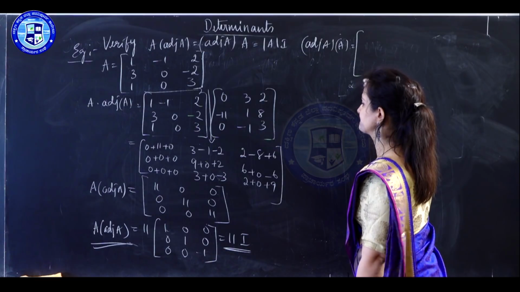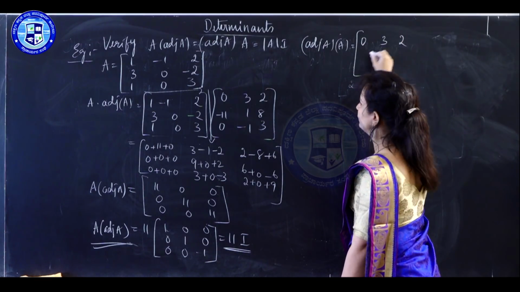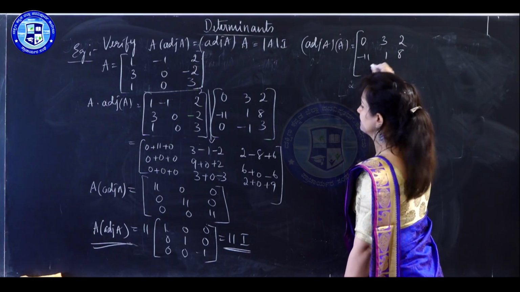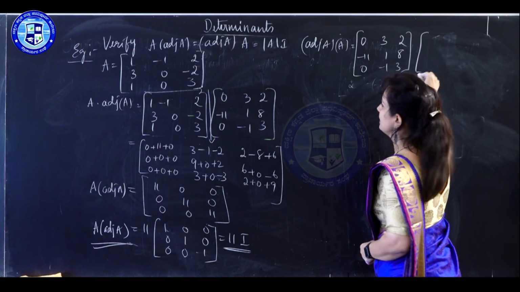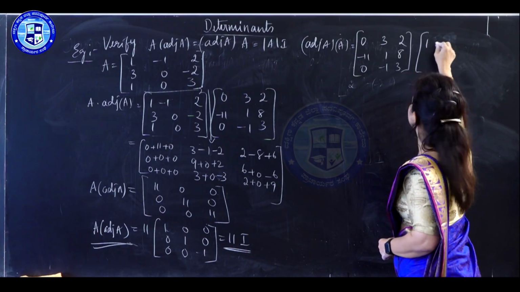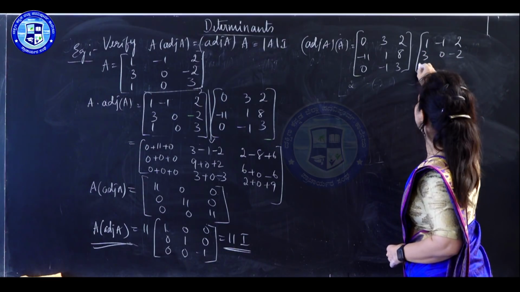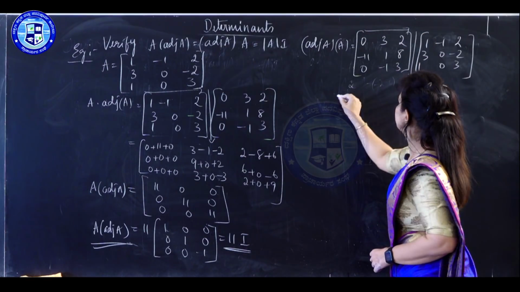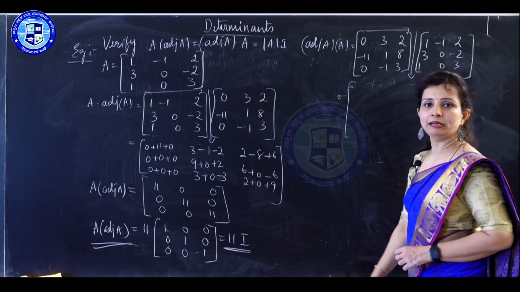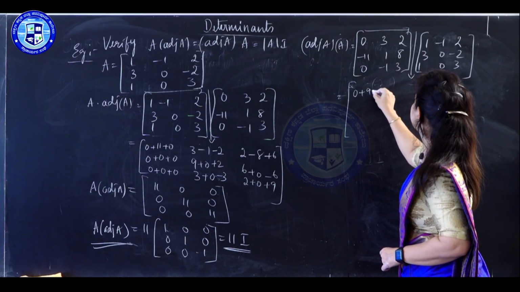Adjoint A is 0, 3, 2, minus 11, 1, 8, 0, minus 1, 3, into A. A is given as 1, minus 1, 2, 3, 0, minus 2, 1, 0, 3. When you multiply first row with first column, students, we have 0 into 1, 0 plus 9 plus 2.